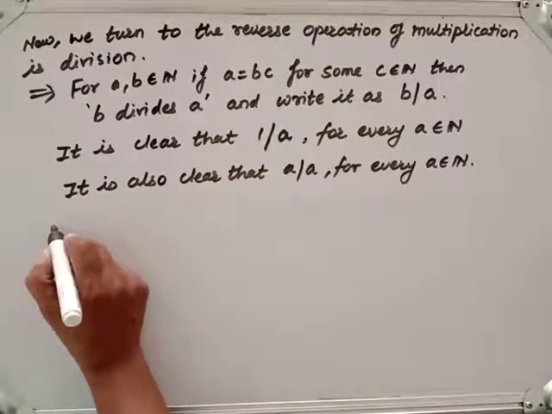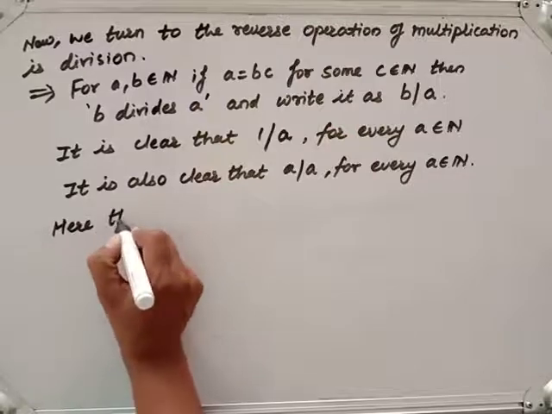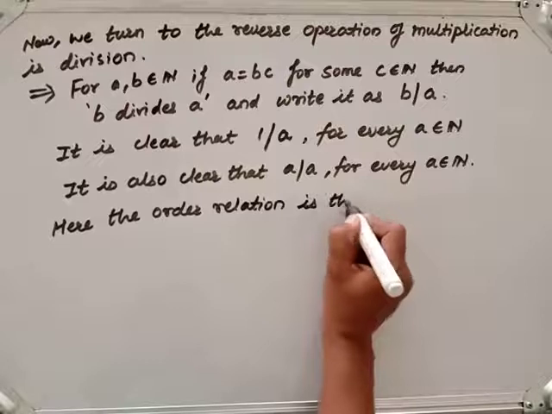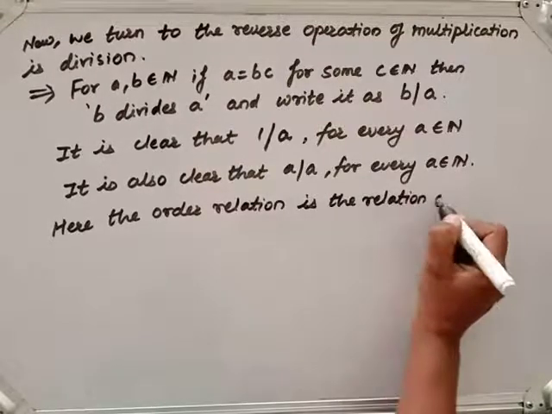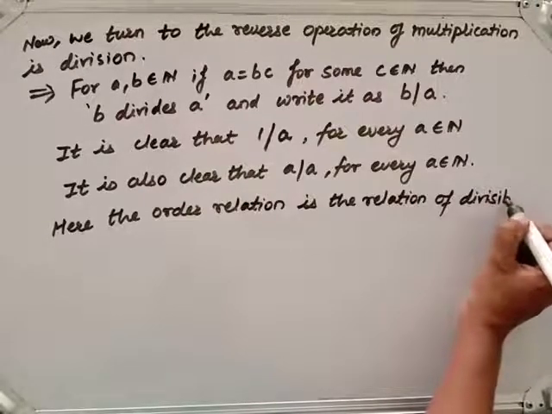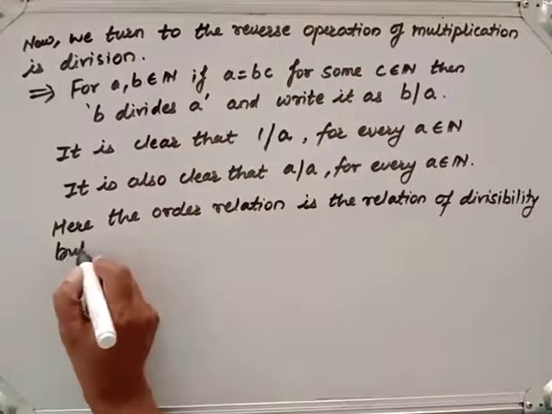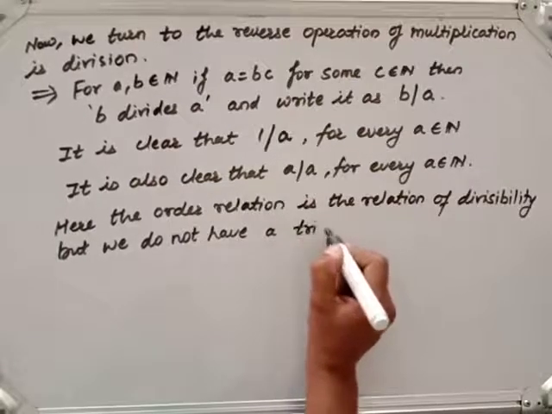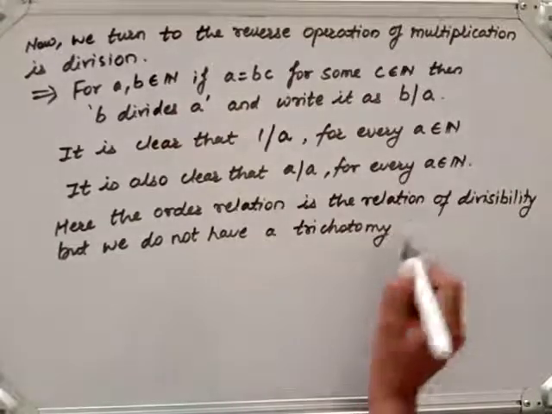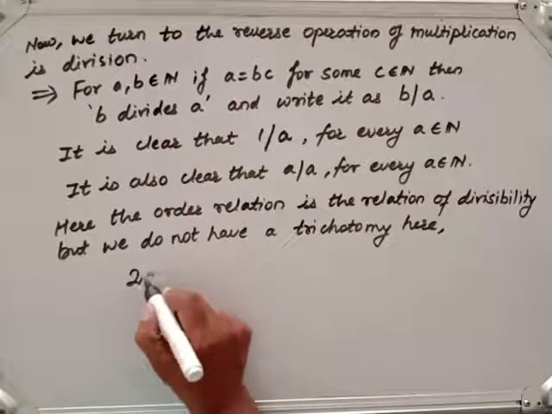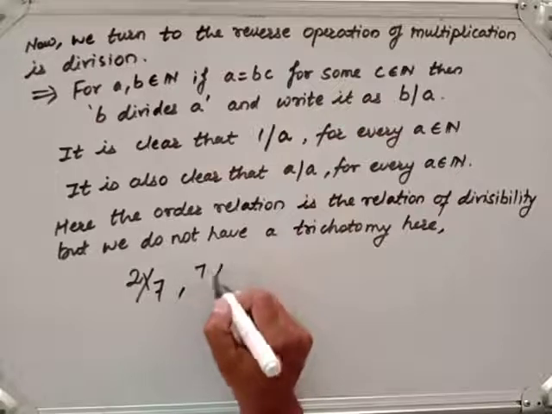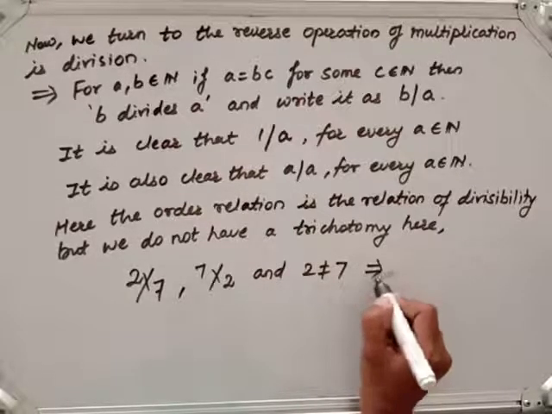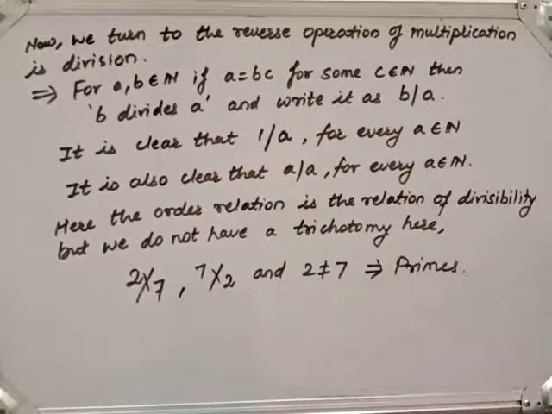But here we do not have trichotomy. As an example, 2 doesn't divide 7, 7 doesn't divide 2, and 2 is not equal to 7. So this gives birth to what? Primes.